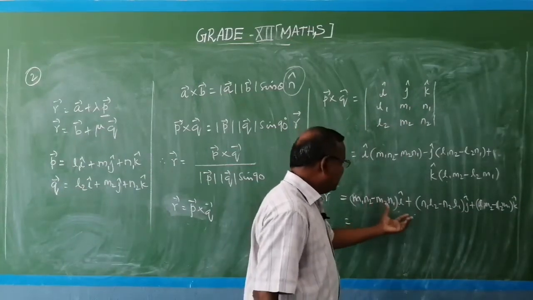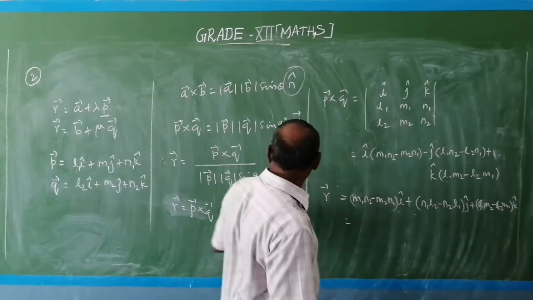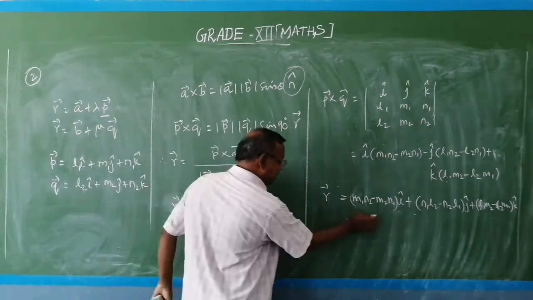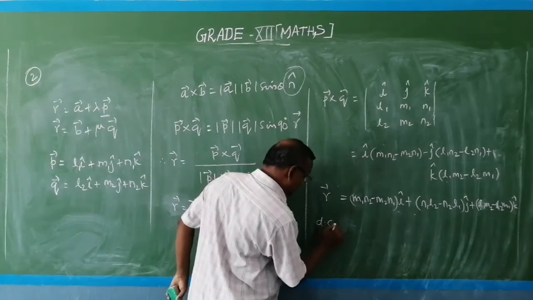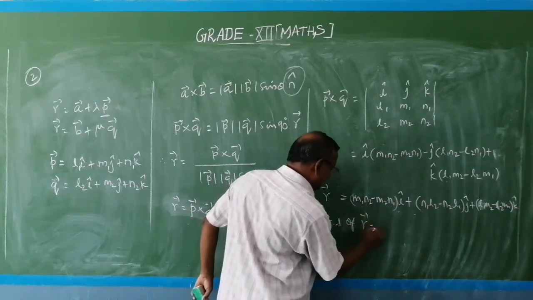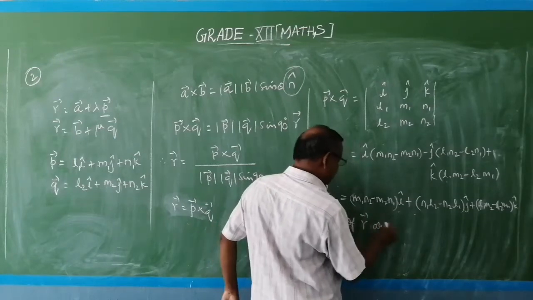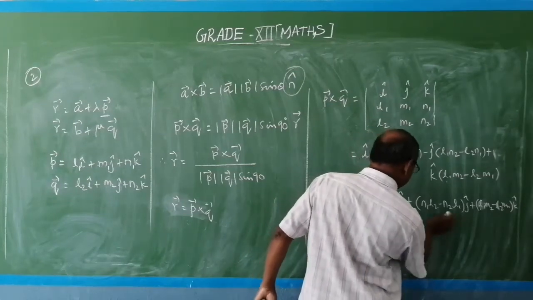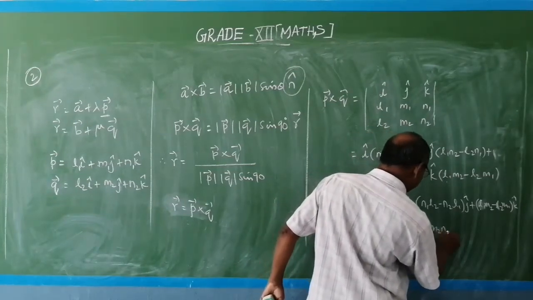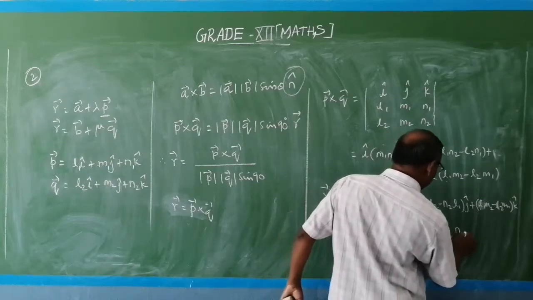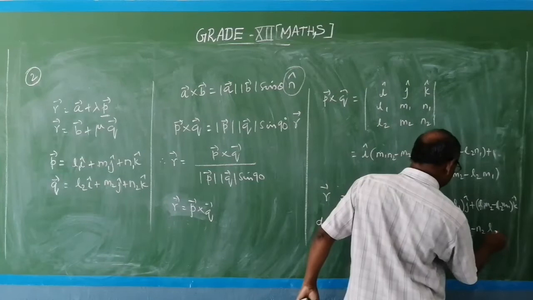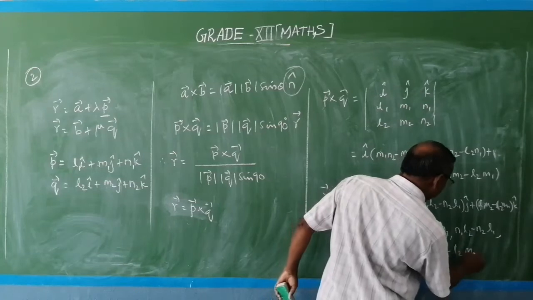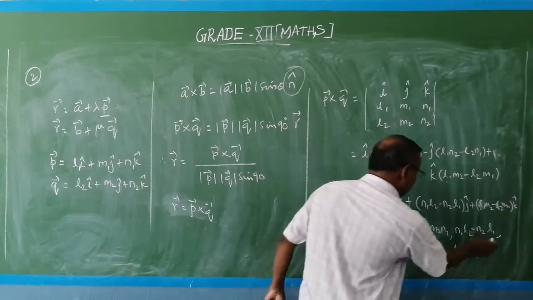These components must be direction cosines of R vector, since R vector is a unit vector perpendicular to both P and Q. Therefore, the direction ratios of the direction cosines of R vector, that is the perpendicular vector, are m1 n2 minus m2 n1, n1 l2 minus n2 l1, l1 m2 minus l2 m1. Hence proved.